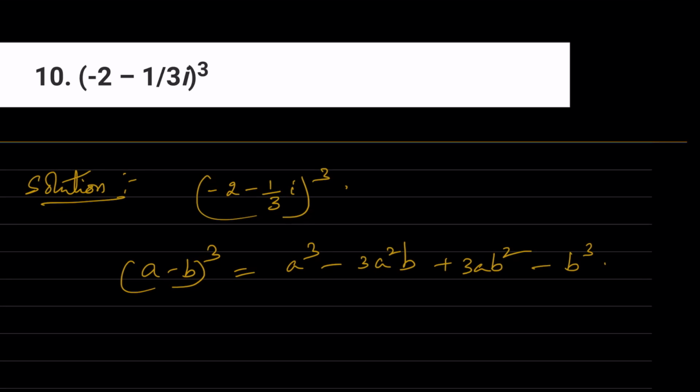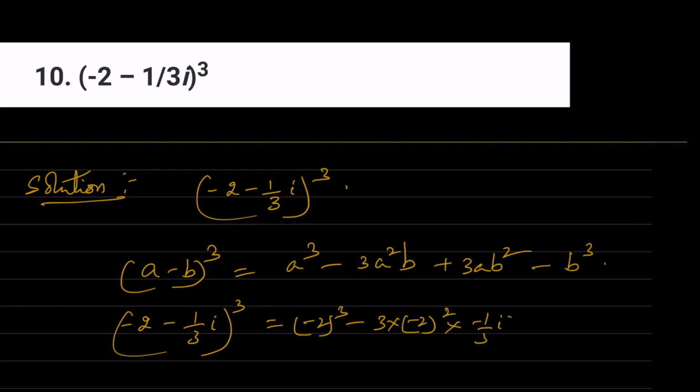So here for us a is minus 2 and b is 1/3 i, which is equal to (minus 2) whole cube minus 3 into (minus 2) square into 1/3 i plus 3 into minus 2 into (1/3 i) whole square.